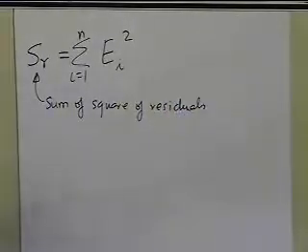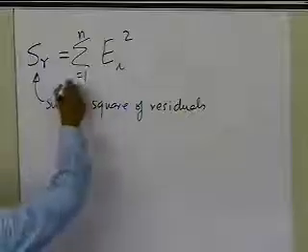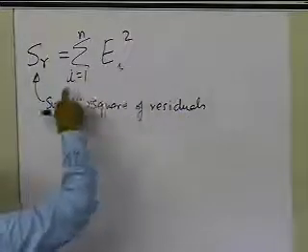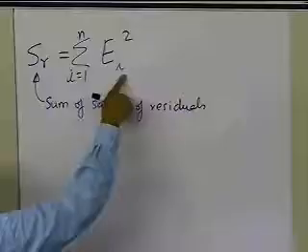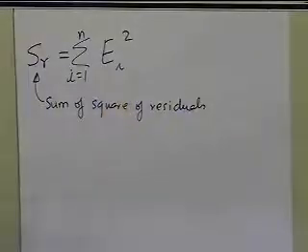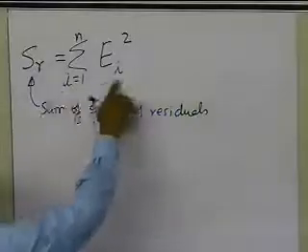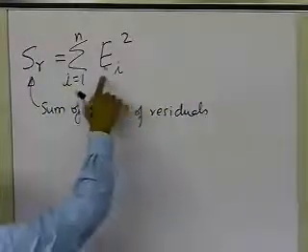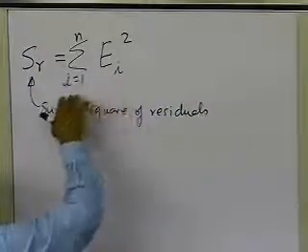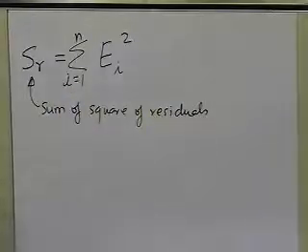And that's what you want to make as small as possible, because eventually the goal is to minimize the amount of residuals. One of the criteria used is called the least squares method of finding the regression model. Least squares means that you are squaring the errors, adding all of them, and trying to minimize them. And that's why it's called least squares regression.